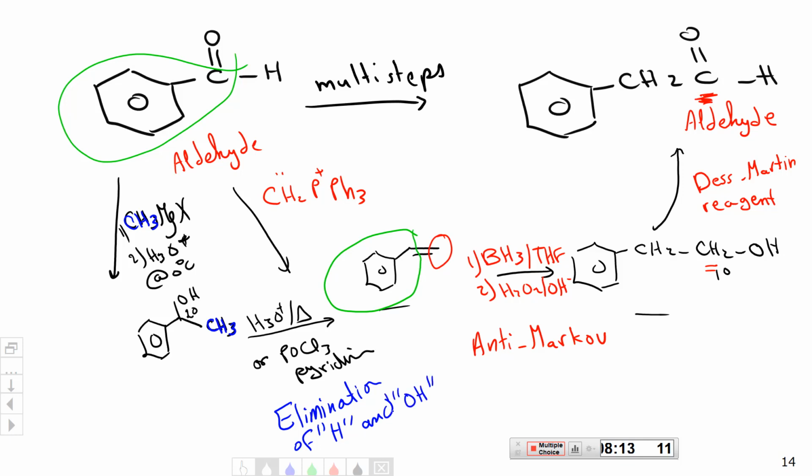Now the question is, is this the major or the minor product in this reaction? Or is it the only product in this case? Is there any other possibility other than eliminating this OH and one of these H's? Let me ask the question in a different way.